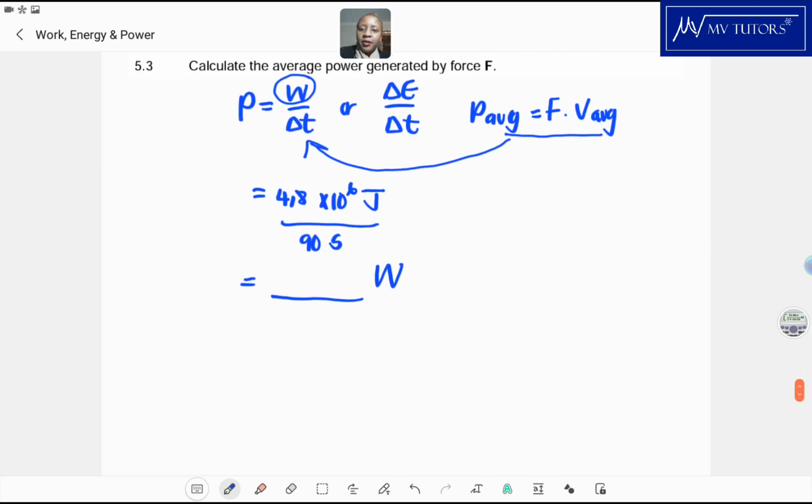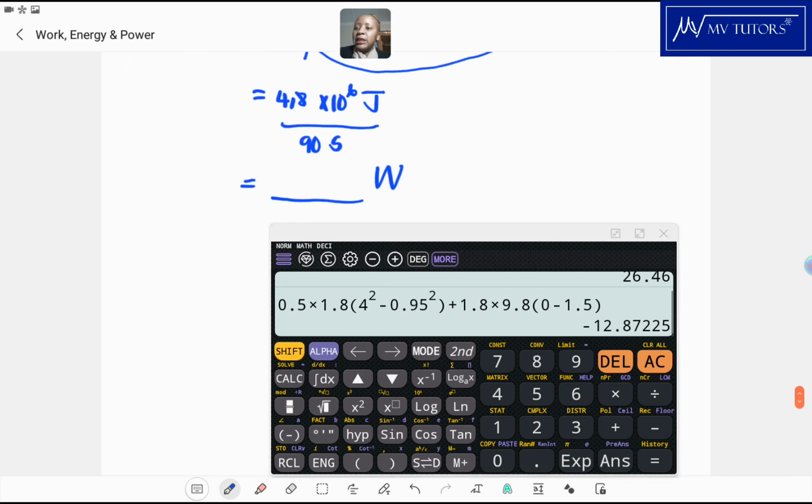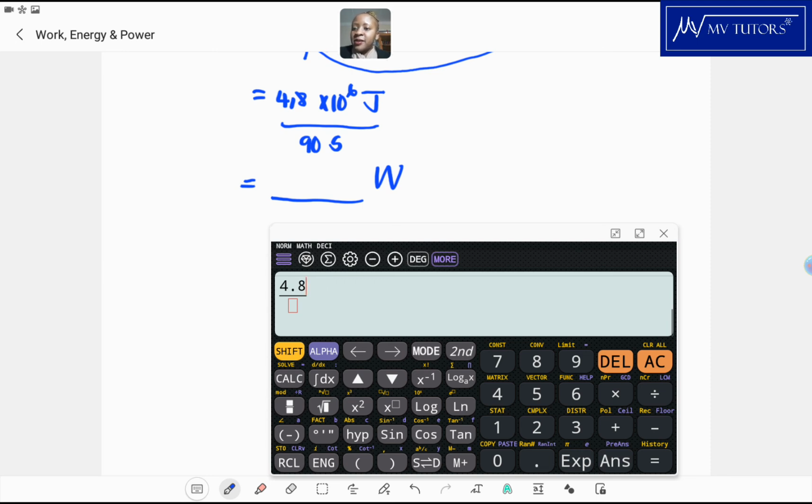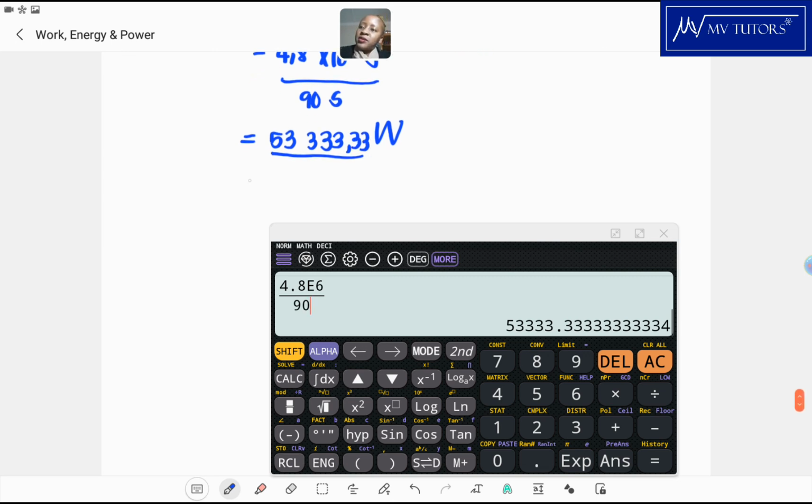So we have 4,8 times 10 to the power 6 over 90 seconds, which gives 53,333,33 watts. I would simplify that by saying 53,33 kilowatts.